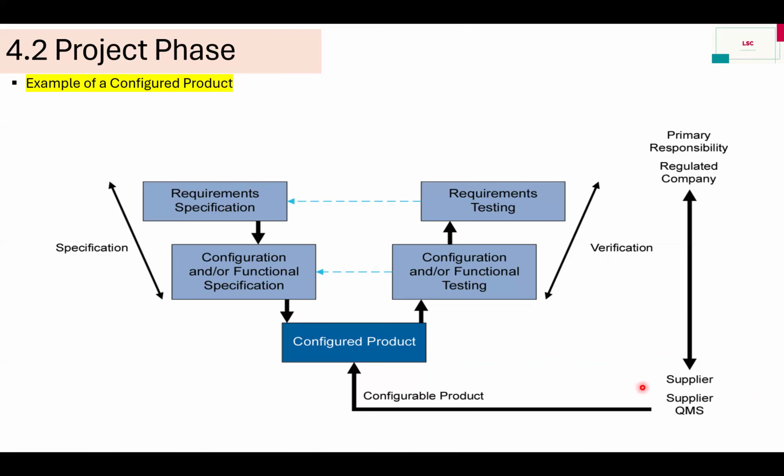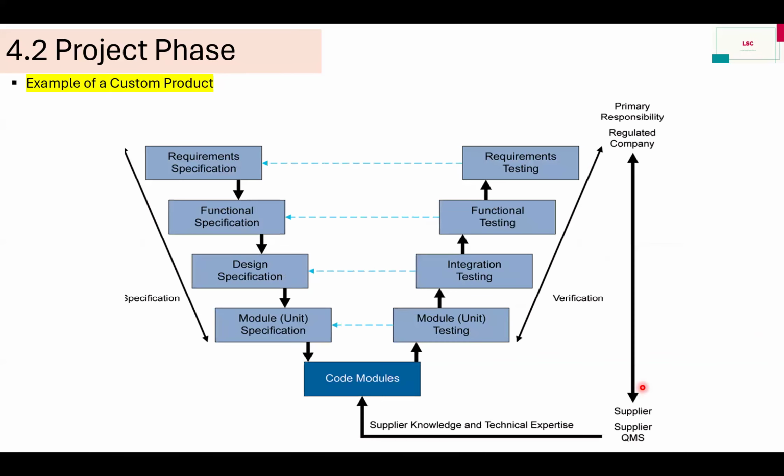Okay. Then third is the custom product. What is custom product? That is category 5 product. In the category 5 product, we have URS, right? Accordingly, the supplier designs the functional specification. Then after that, the supplier prepares the design specification with the help of the URS and functional specification.